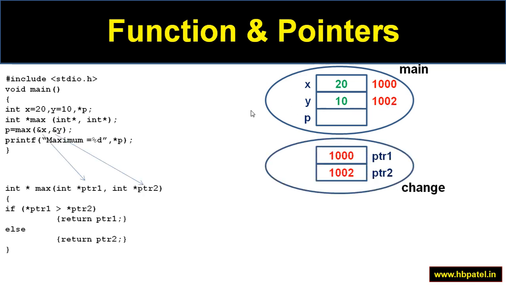Now I am throwing &x and that is being caught by ptr1, so ptr1 is 1000. And &y, that is 1002, is caught in ptr2, so ptr2 is 1002. That means indirectly ptr1 is pointing to x and ptr2 is pointing to y.